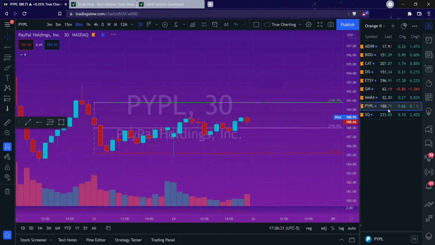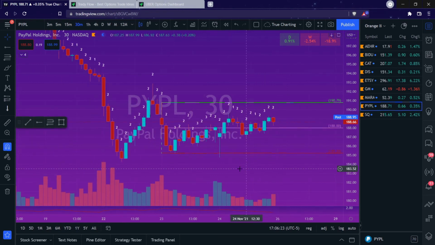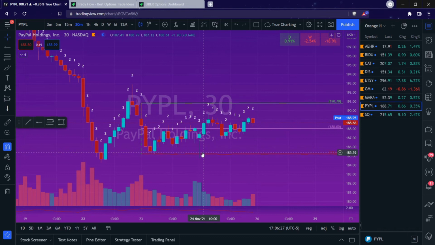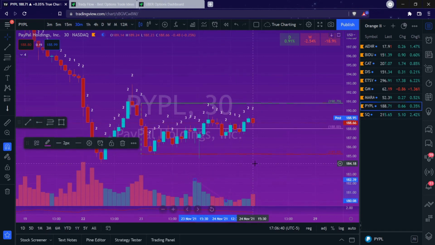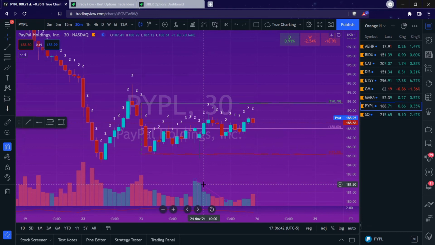We had, let me look at PayPal. So here's the other example I wanted to talk about, why PayPal wasn't one of those ones that we would take as a 50% mover. You could have got a 10%, but the reason I didn't was because of this. Just really declining volume into it.